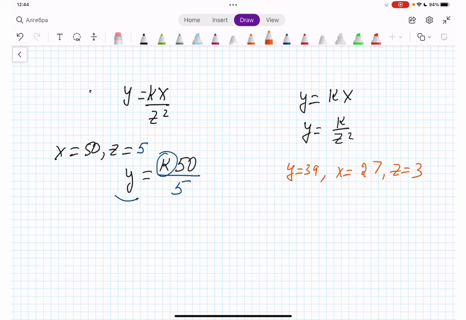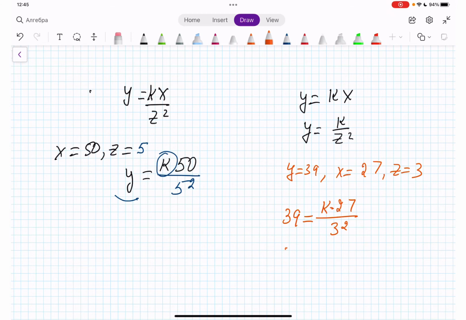Let's write down 39 is equal to k times 27 divided by, oops, 5 squared here, I'm sorry, 3 squared. So from here I can find k. From the other one I cannot find k because I have two unknowns. Here I have only one unknown, right? Therefore, I'm going to find k from here.